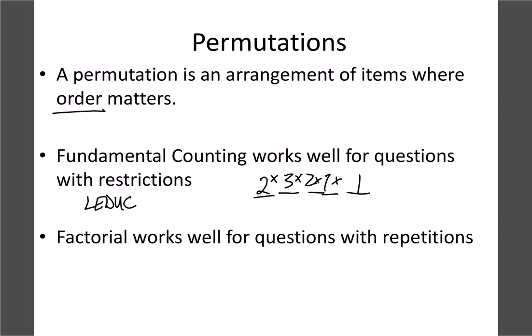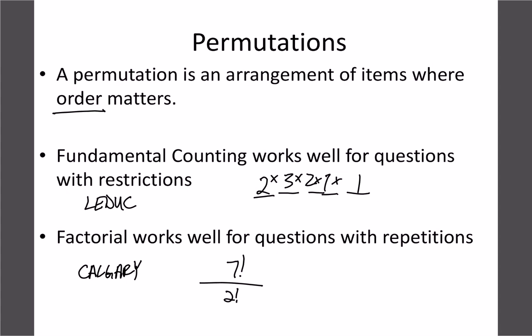So whenever you have restrictions, it's usually best to use fundamental counting and make sure you solve with those restrictions first. Factorial notation, we looked at those, and these ones work best for repetitions. So if I gave you a word like Calgary, and we want to arrange all of the letters, we've got 7 letters to choose from, so 7 factorial ways of putting them in order, but we have 2 A's, so we've got to divide by those 2 repetitions.